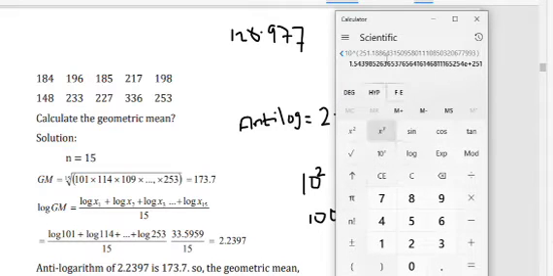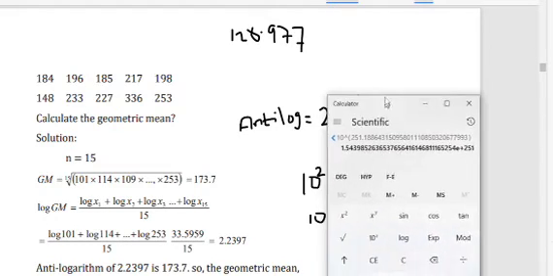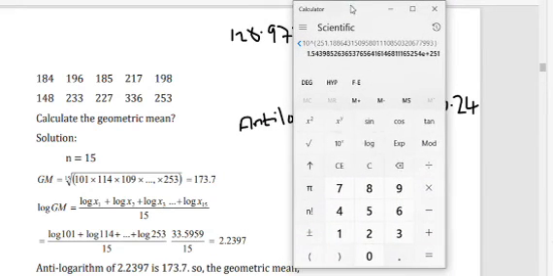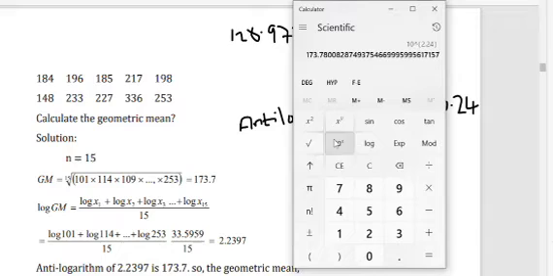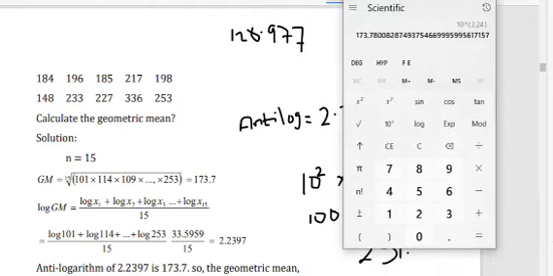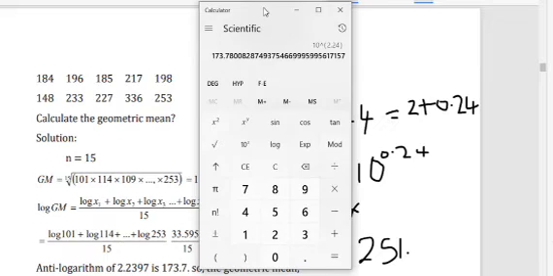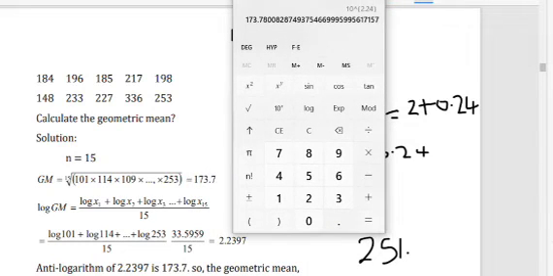Let me see, 2.24. You can just take this and write 2.24. This calculator is not the normal calculator, so we have to press the number first. 2.24 this. So it's 173. Okay, it's 173.78.